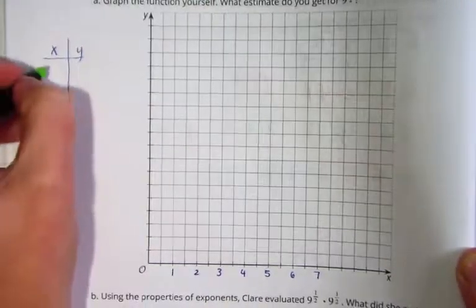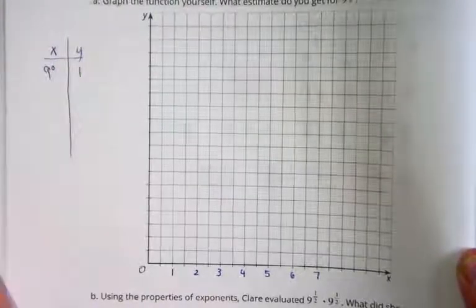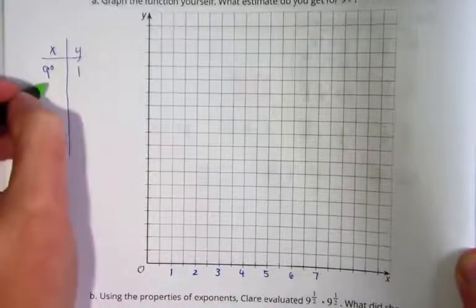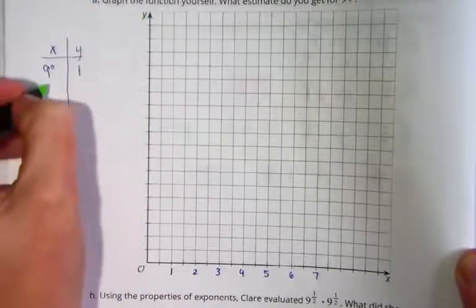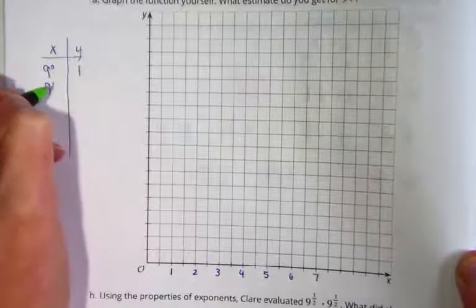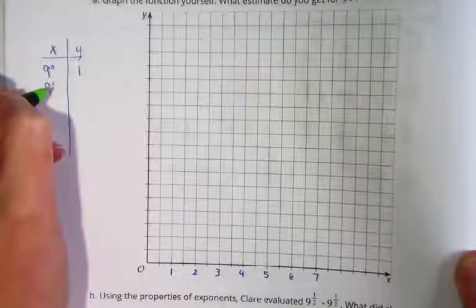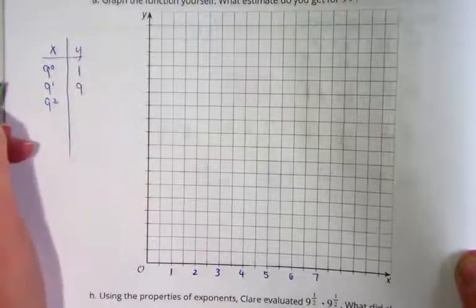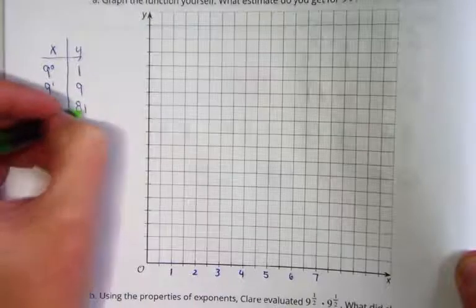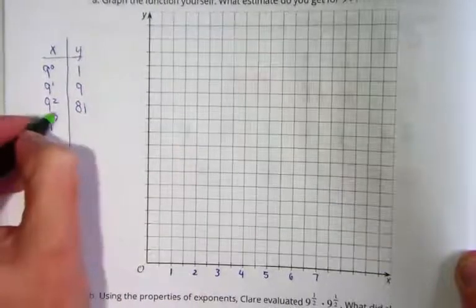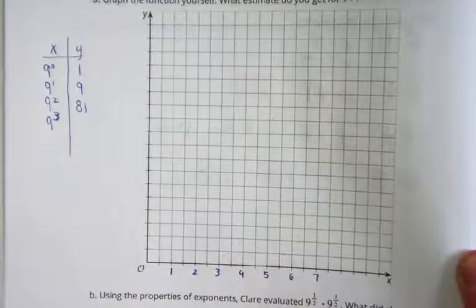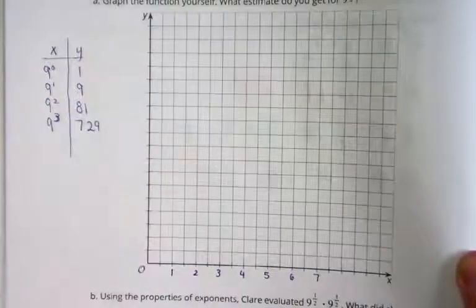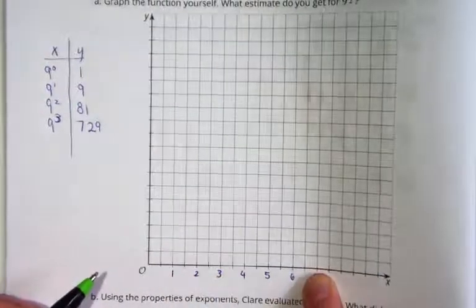If I have 9 to the 0 power, my output is 1. I'm not even going to graph the x. I'm going to get some big numbers here. 9 to the 1st power is 9. 9 to the 2nd power is 81. 9 to the 3rd power, now we're already starting to get into some pretty giant numbers, because 9 to the 3rd power is 729. So I'm actually not even going to go that high up here.